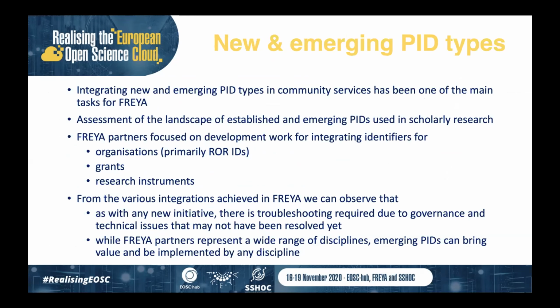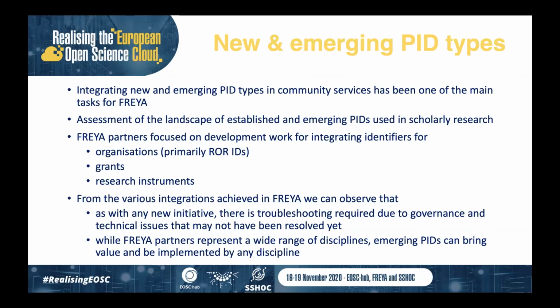Now, moving on to enriching the PID graph, one of the main tasks in FREYA, for FREYA disciplinary partners, has been piloting new or emerging PID types in their services. And in 2018, FREYA carried out an assessment of the landscape of established and emerging persistent identifiers used in scholarly research.